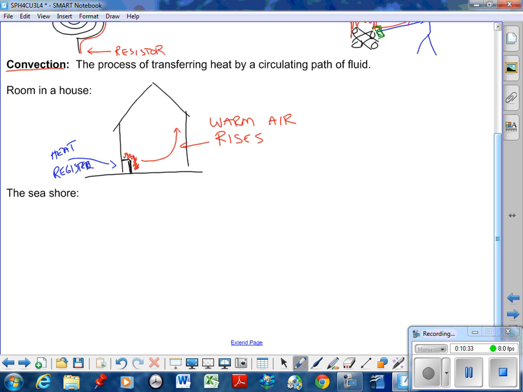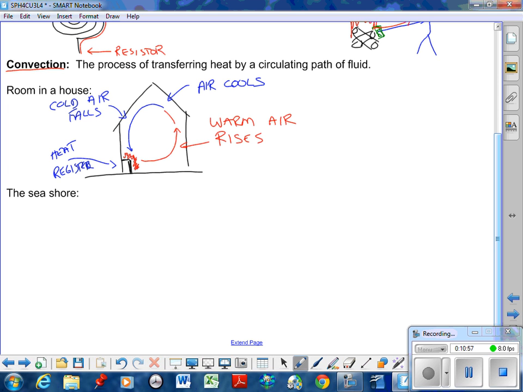At the top of the stage here, it kind of changes to blue because your air cools. All right, so the air begins to cool, and then cold air falls. Cold air falls or takes the place that's evacuated by the warm air.